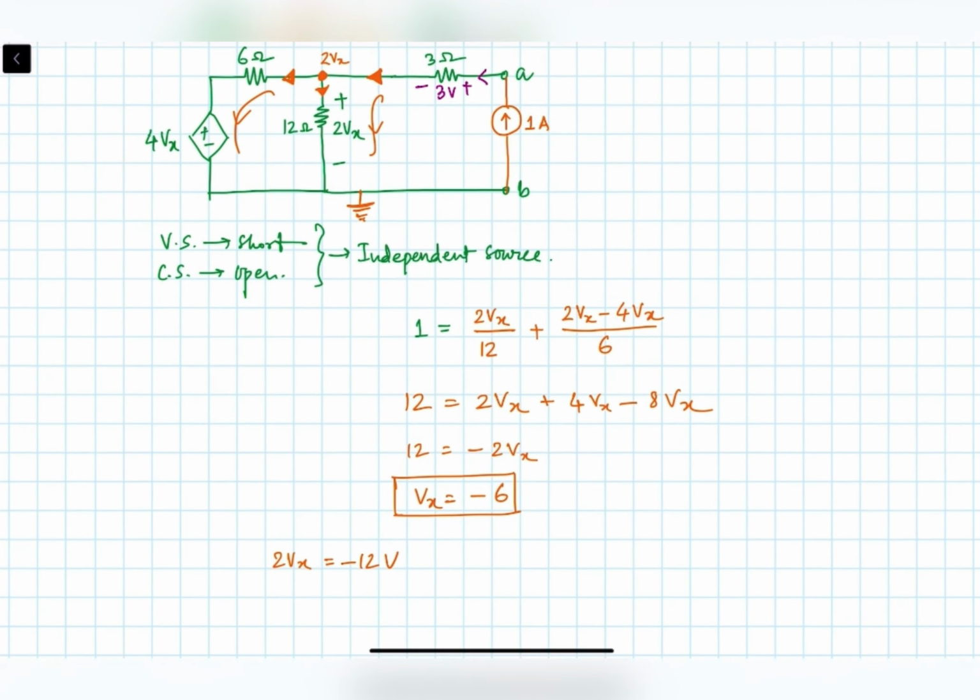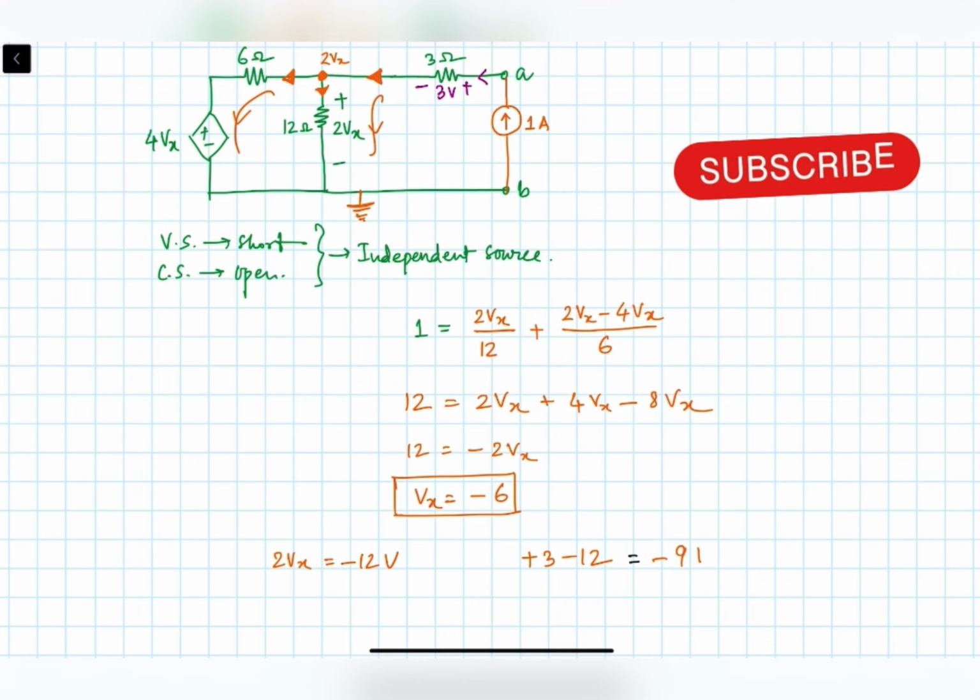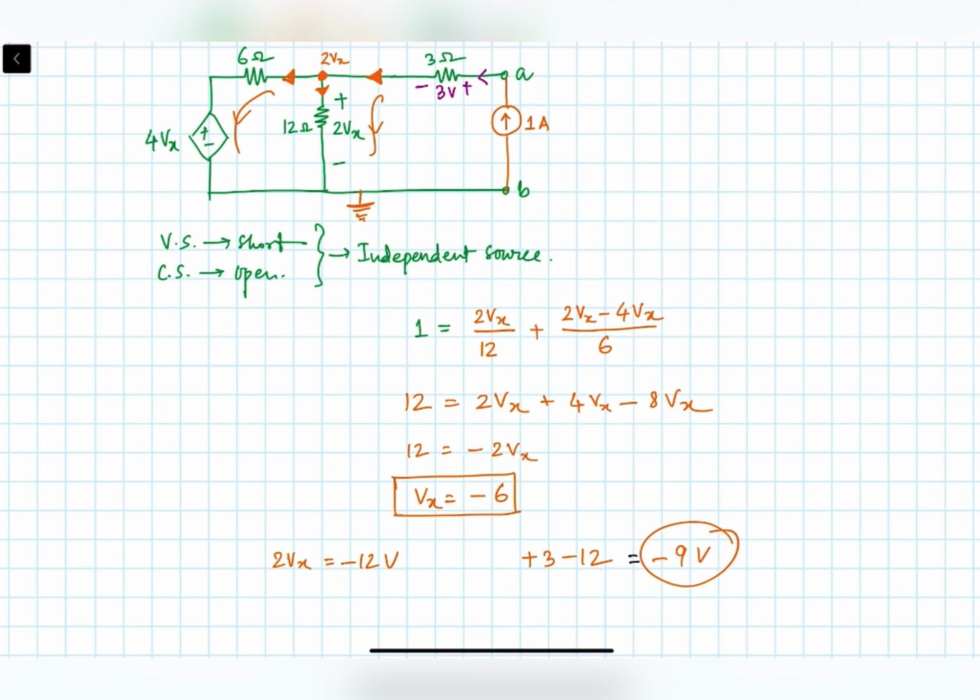Okay, so the voltage across the AB terminal will be plus 3, then minus 12. So basically we are taking this path. As you can see here, we have one voltage, and when you're going through this, we are getting another voltage. Alright, so minus 3 plus 12, that will be minus 9 volt. Okay, so this is the voltage across the current source.